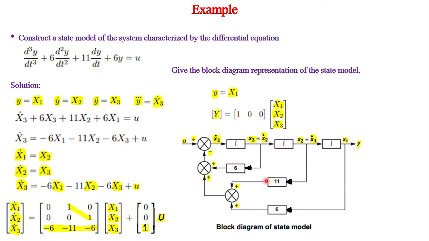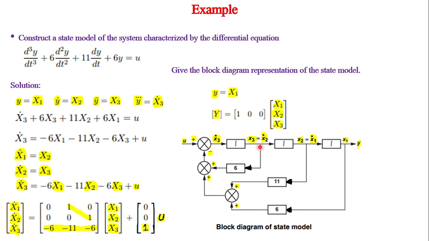The 6x1, 11x2, 6x3 have to be with the minus sign, therefore subtracted. This is input u. So u minus 6x3 minus 11x2 minus 6x1. That is where x3 dot comes from.